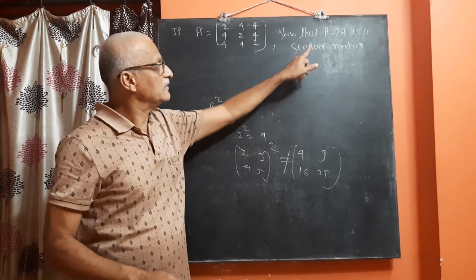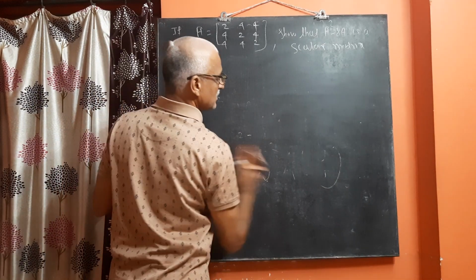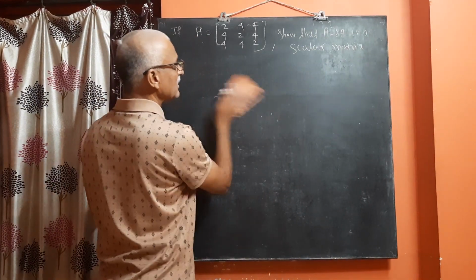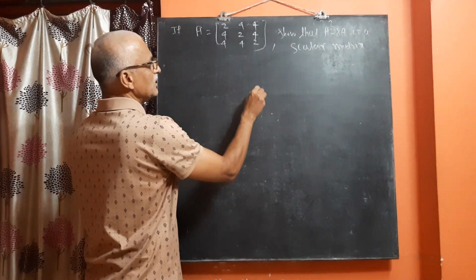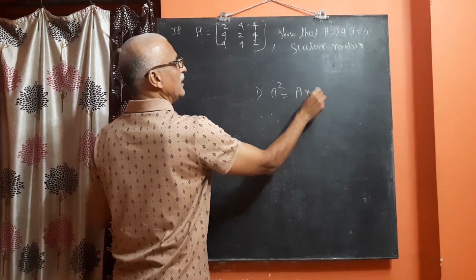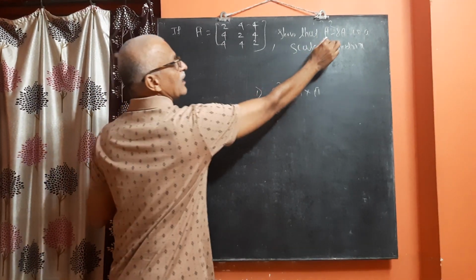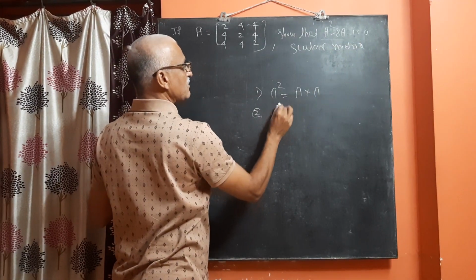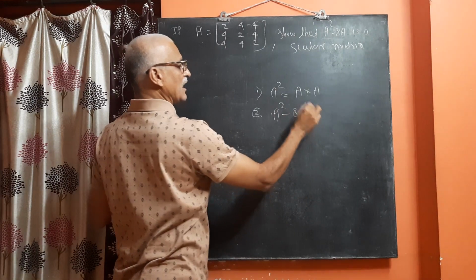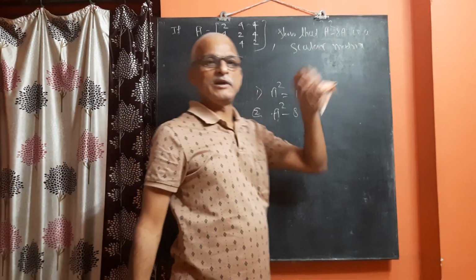So see here, the steps are: first you have to find A square, that is equal to A into A. Then the second step is you have to find this value, A square minus 8 into A. And the third one is you have to show that it is a scalar matrix.